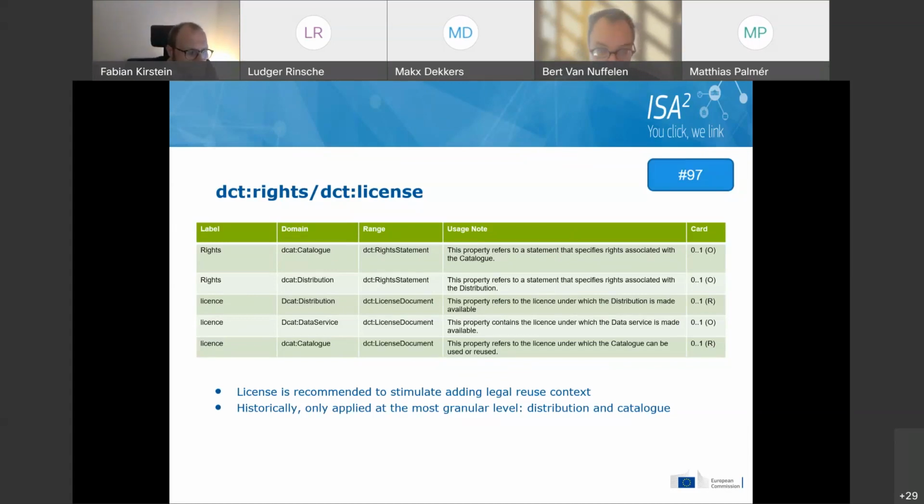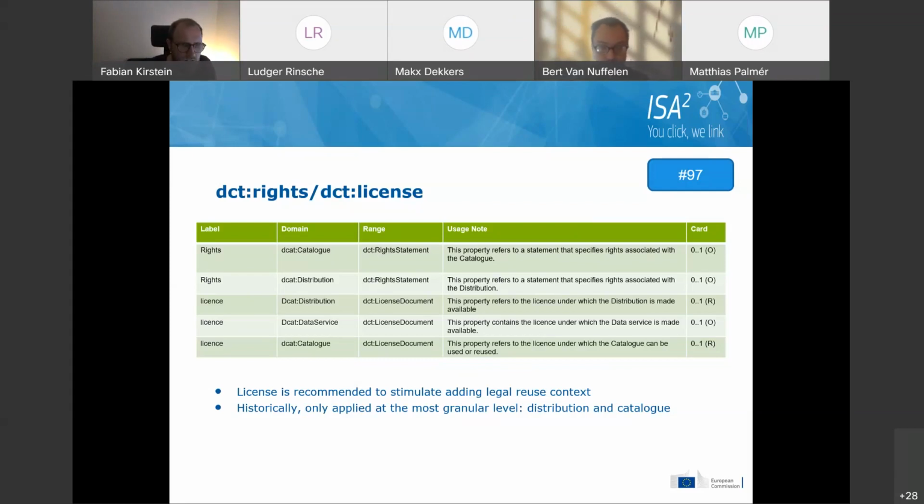I listed in the table where we have rights and license information available today in DCAT-AP. We have license and rights at the level of the catalog, license at the level of data service, and license and rights explicitly at the level of distribution. We don't have it at the level of dataset.